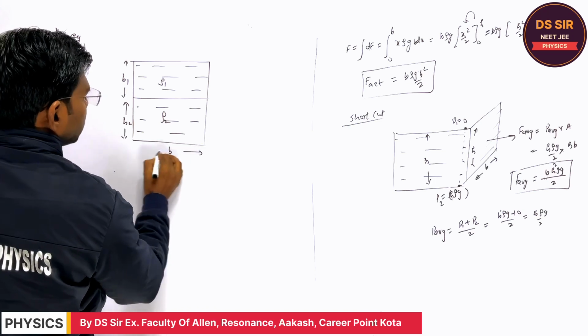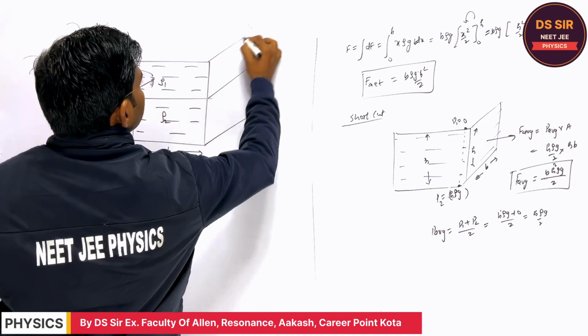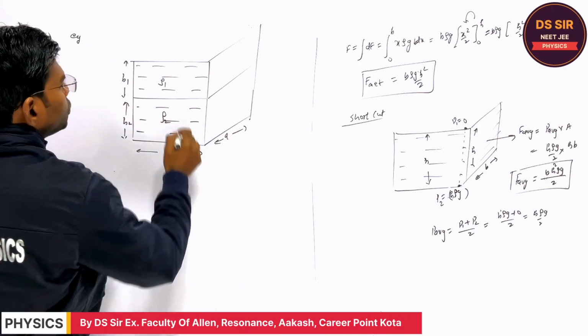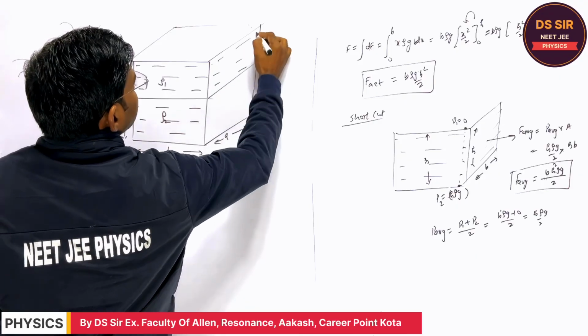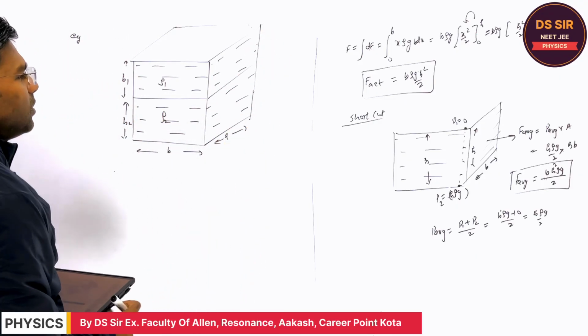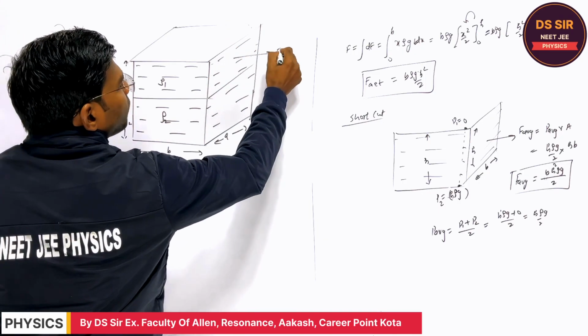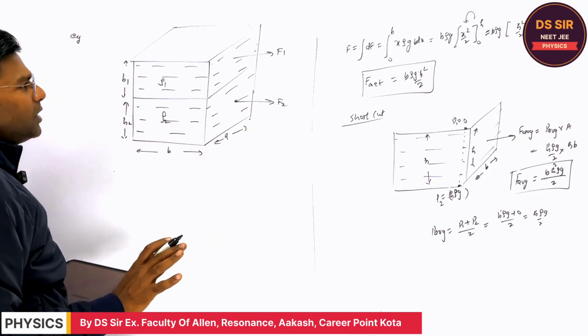Suppose the width is B, and this side of the vessel you can assume to be A. This is one side here and this is the other side here. The absolute pressure is used to find the force F1 on this wall and the force F2 on this wall. Are you getting or not?